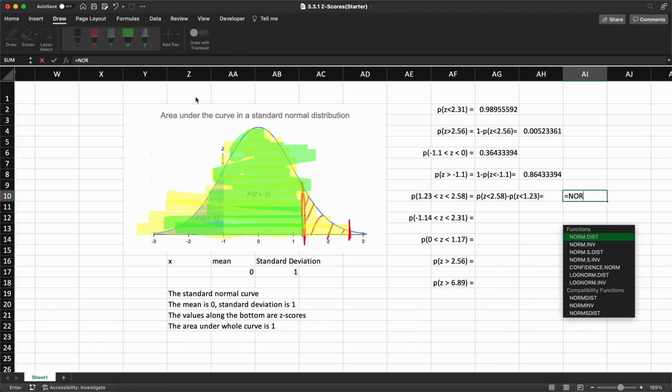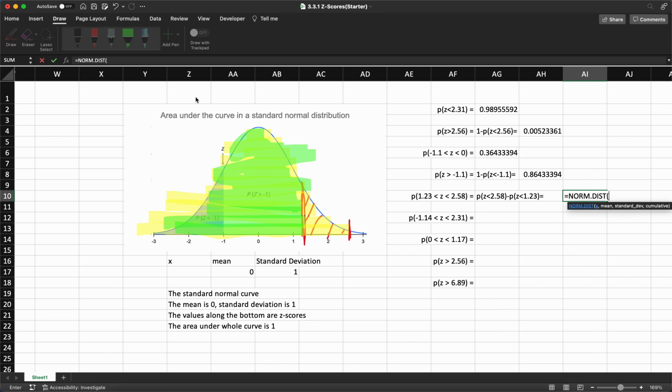So we're going to do norm.dist. It's going to be 2.58, comma 0, comma 1, comma true, minus norm.dist 1.23, comma 0, comma 1, comma true.